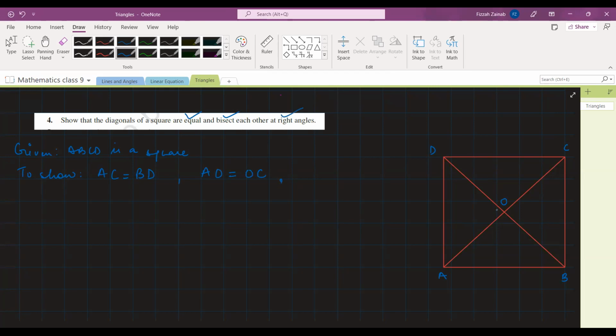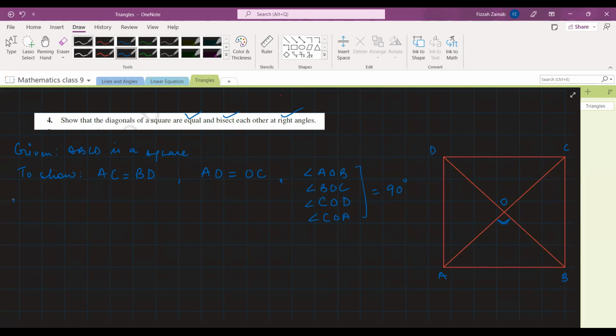So we also have to show that this angle, if I name it angle AOB, and in fact all the angles, angle BOC, angle COD, and angle DOA, they all have to be equal to 90 degree. This you have to show. Understood? Yes, ma'am. Okay.